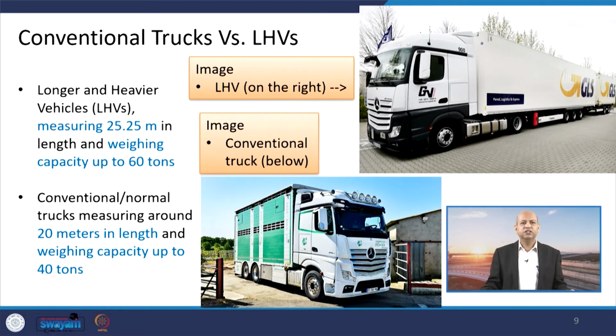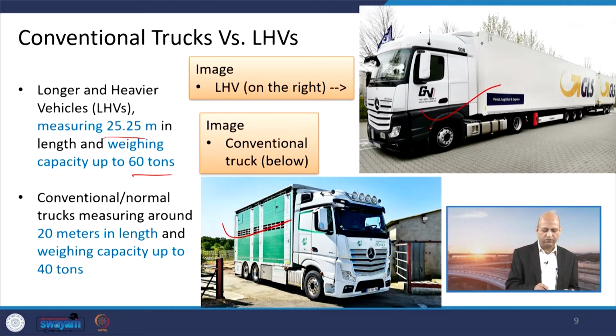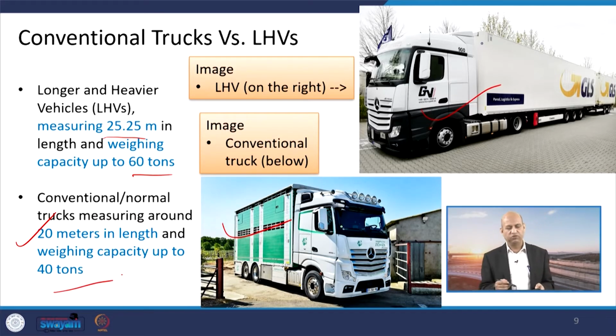If you compare the conventional trucks and these LHVs, these are the longer and heavier vehicles and these are the conventional ones. You can see the size, as I said, around 25 meters and weighing 60 tons, whereas the conventional ones were 20 meters and weighing around 40 tons. So, in weight it is 1.5 times, you can say.